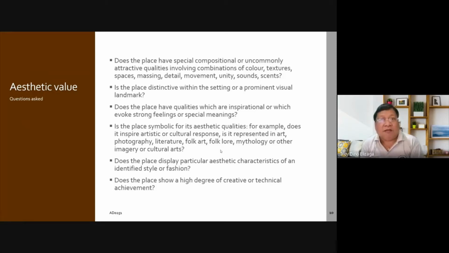Therefore it has aesthetic value because it's been photographed. Does the place display particular aesthetic characteristics of an identified style or fashion? Does the place show a high degree of creative or technical achievement?